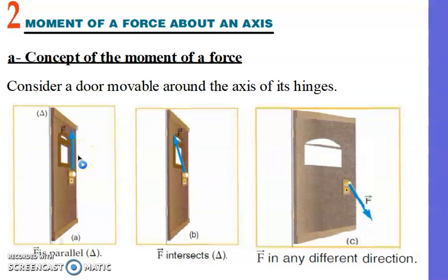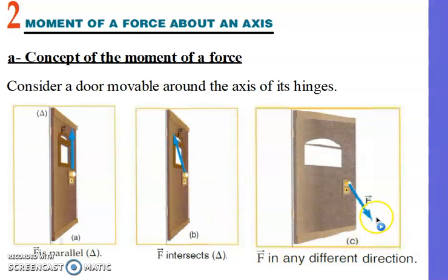You know it does not. Now let us apply the force along the plane of the door in which F intersects delta, as you see here. In your opinion, and if you try it, does the door open or close? Of course not.